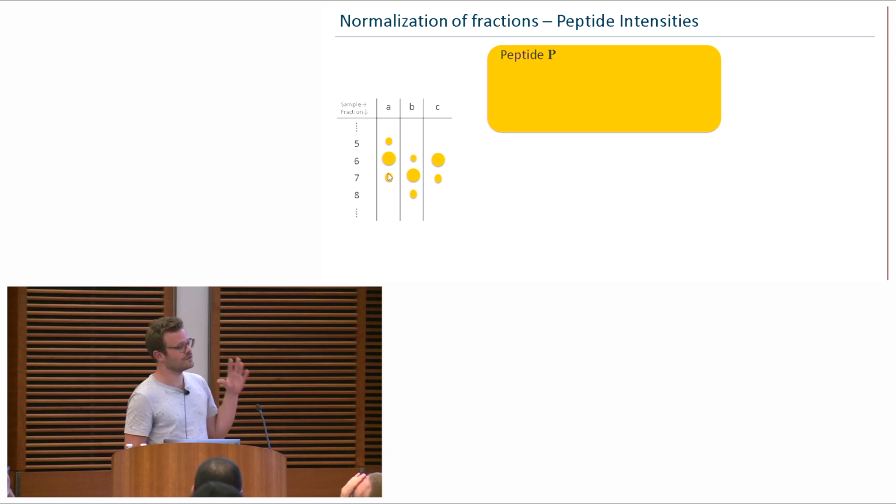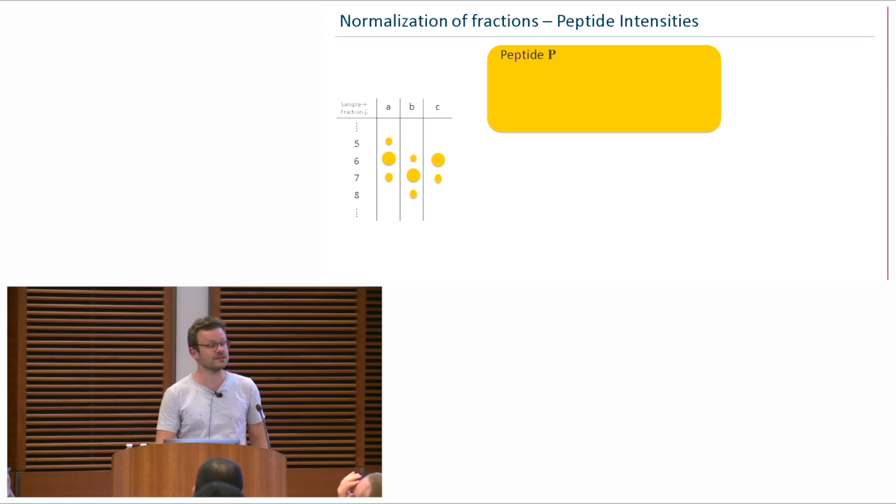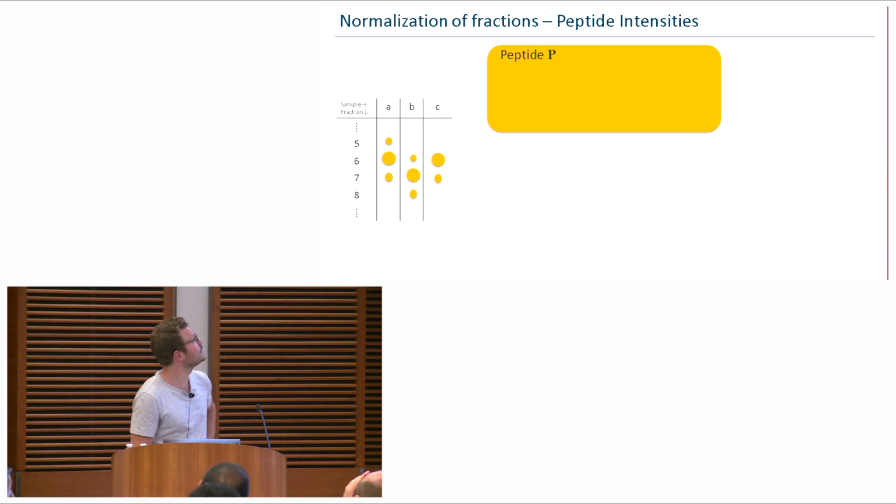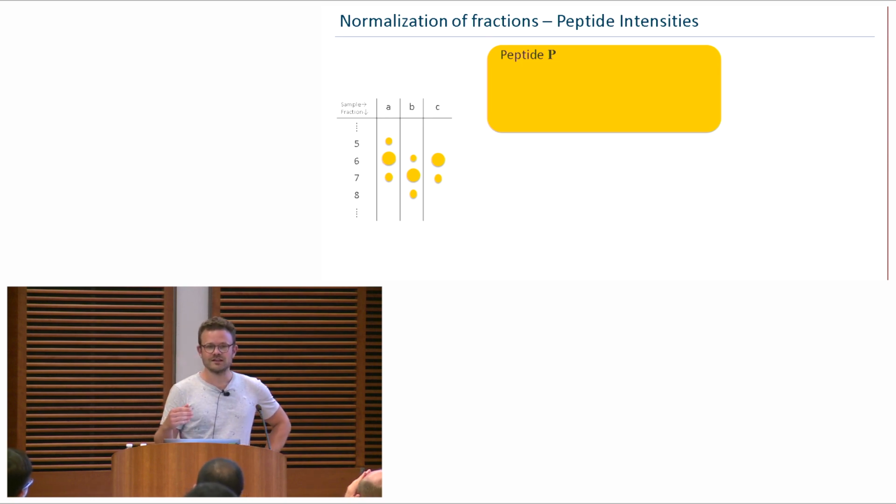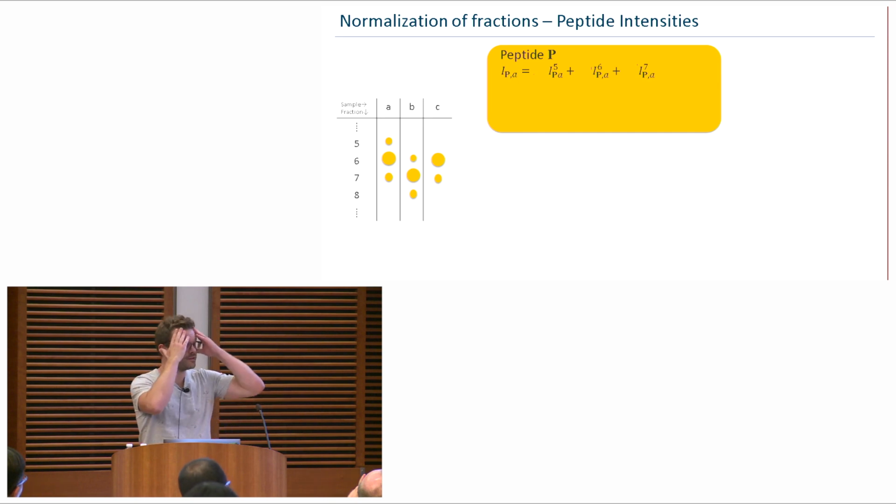And the circle size is the intensity in all of these fractions. So if we now want to calculate an intensity for the whole sample over the fractions, the first idea would be to just take the intensities and sum them up.